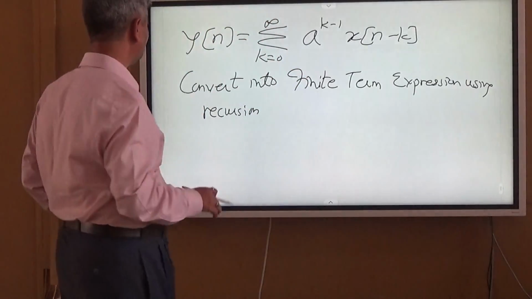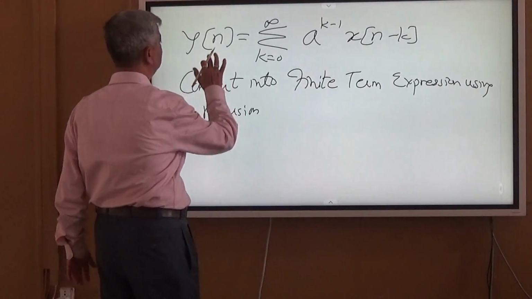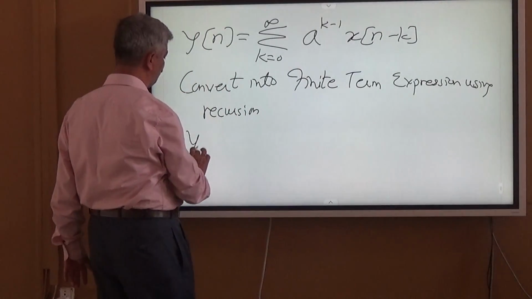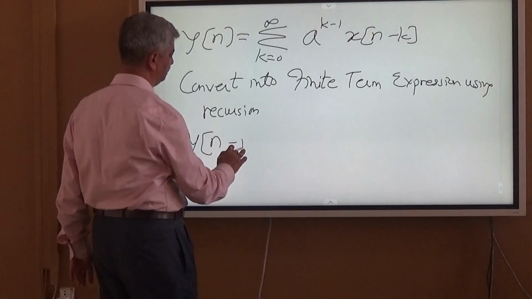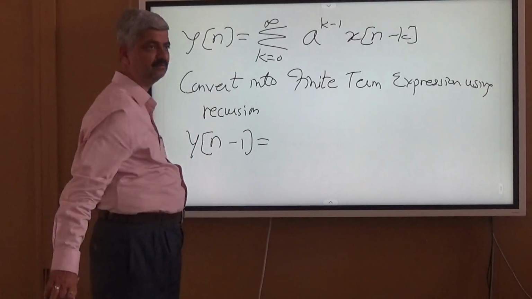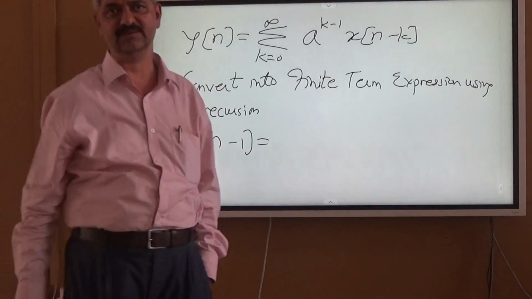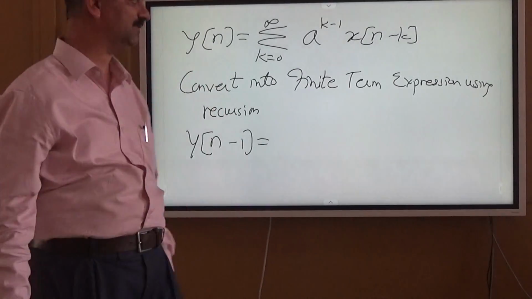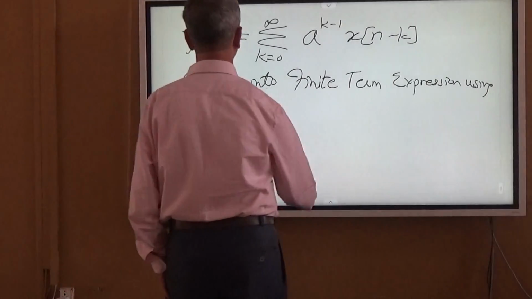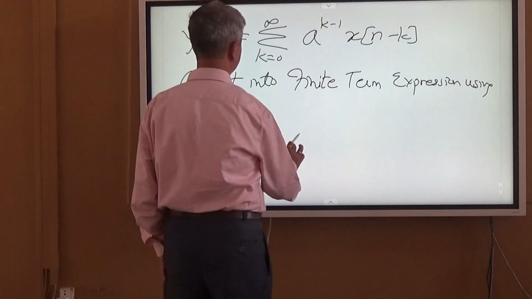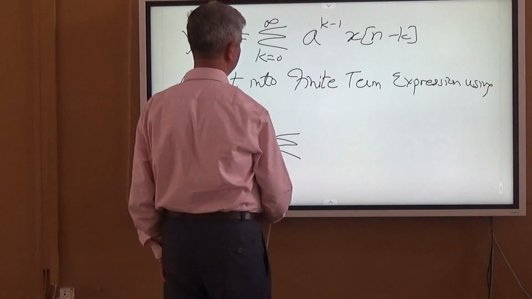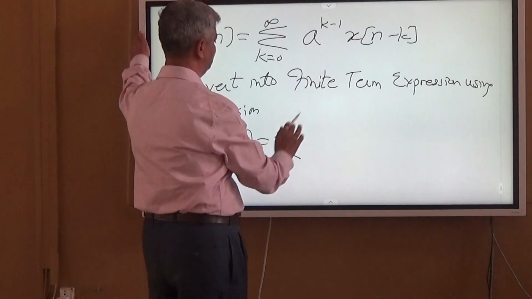So what we should do is write a formula for y of n minus 1. So what would y of n minus 1 be?